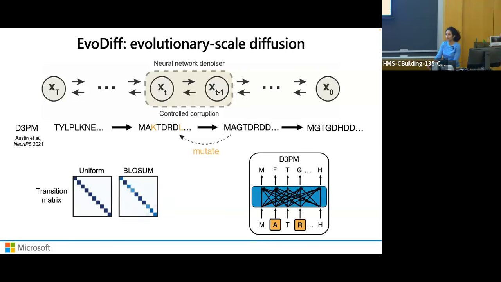There are also ways in which, with this mutation-based strategy, this type of corruption, you can control the schedule of noise that's added so that you can bias more heavy mutations up front or later in the diffusion process relative to the number of time steps as a whole.